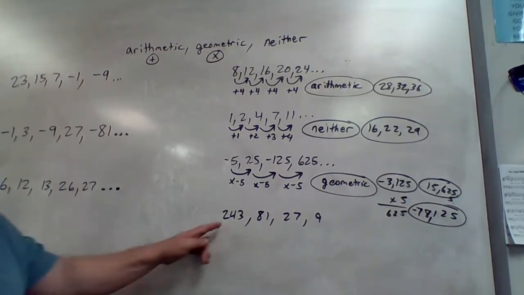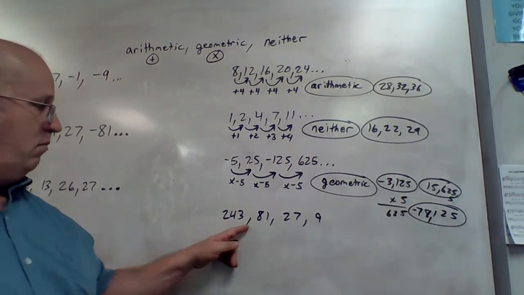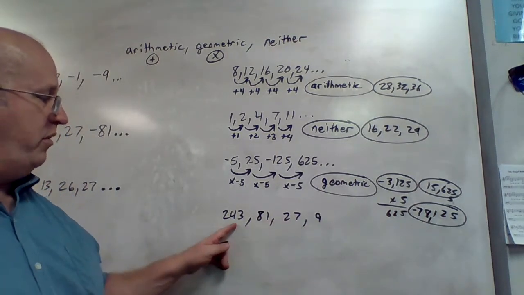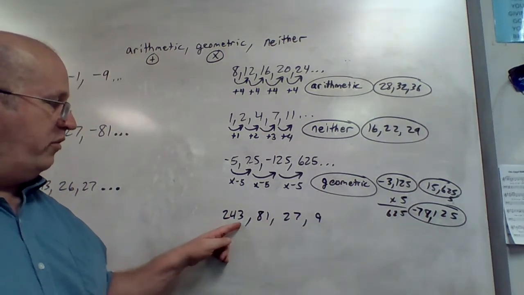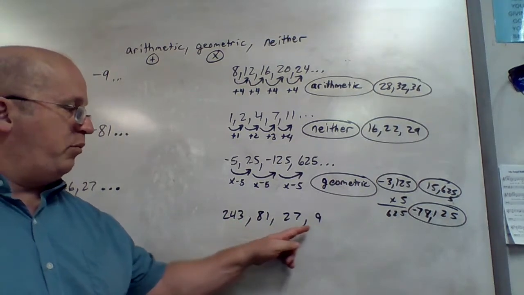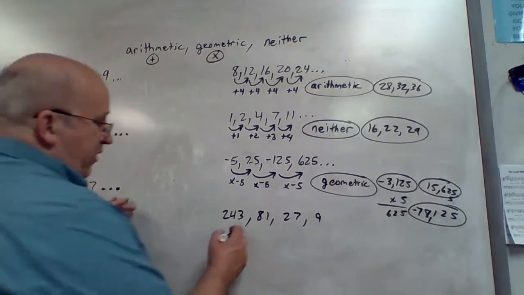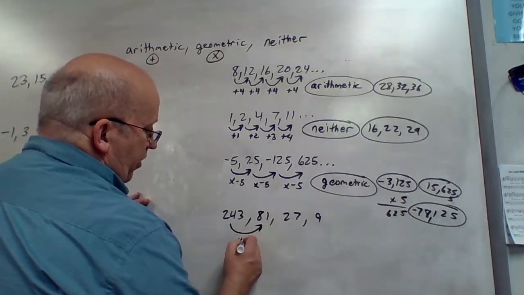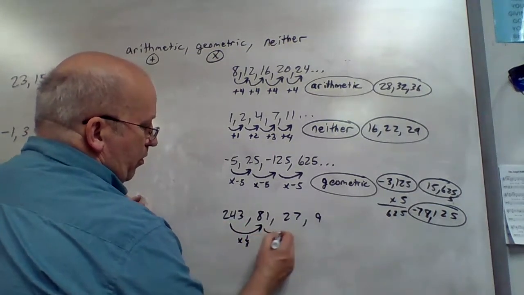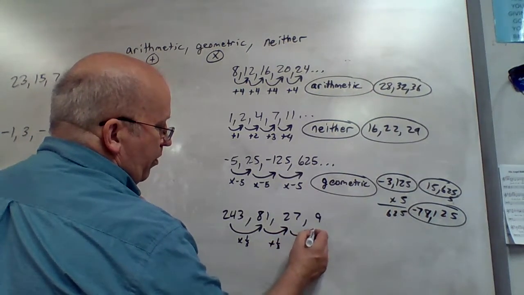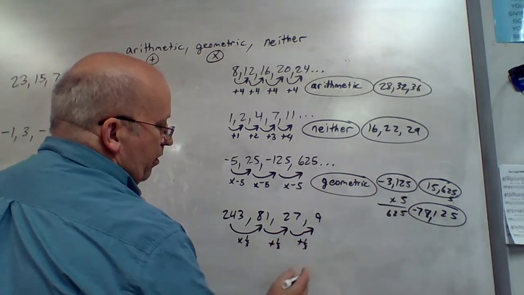Okay, what about this next one? Let's work this way. Isn't it times 3, times 3, times 3? So if we're working this way, it must be divided by 3, divided by 3, divided by 3. That sounds like geometric, but what if I said divided by 3 is the same thing as multiplying by 1/3? Yeah, multiplying by 1/3 is our pattern here.